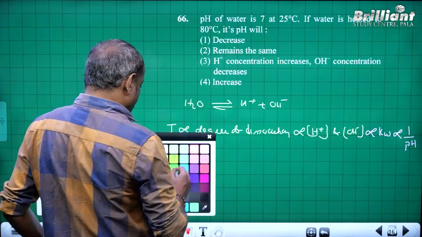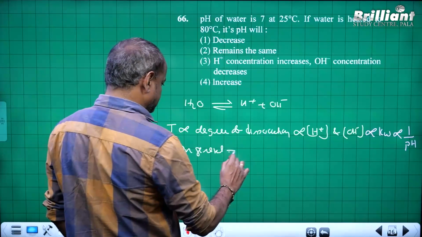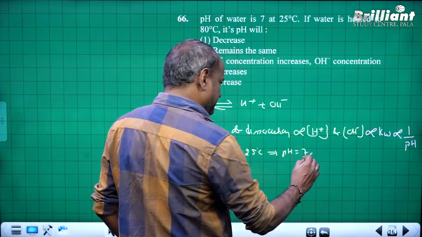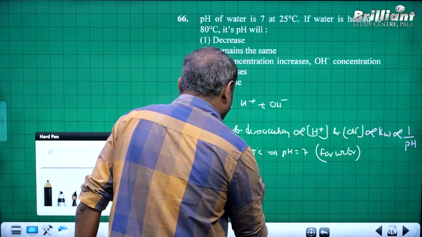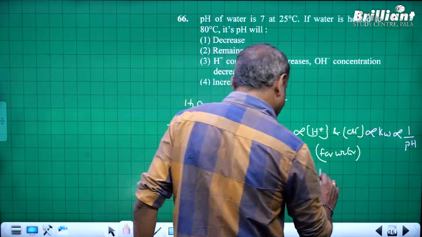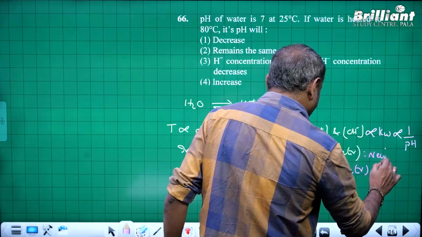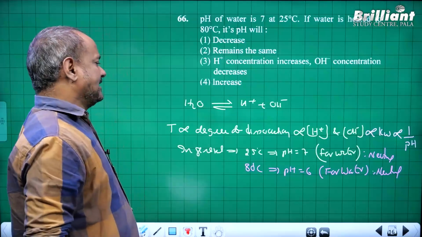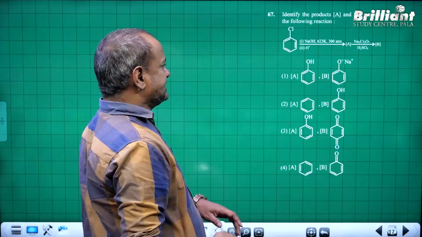That is why, in general, at 25°C pH equals 7 for water, and at higher temperature pH equals 6 for the same water, which is still called neutral pH. That means as H plus ions increase, pH will decrease. Option 1.